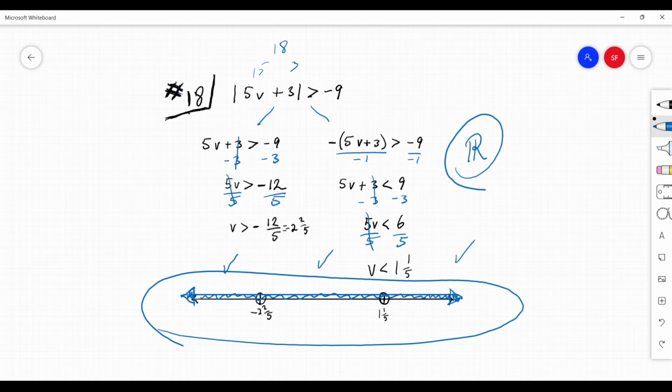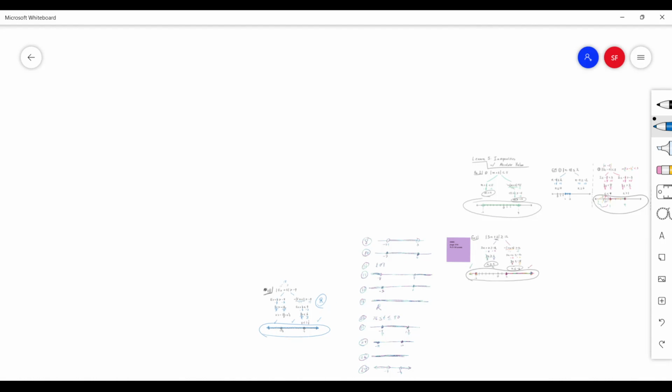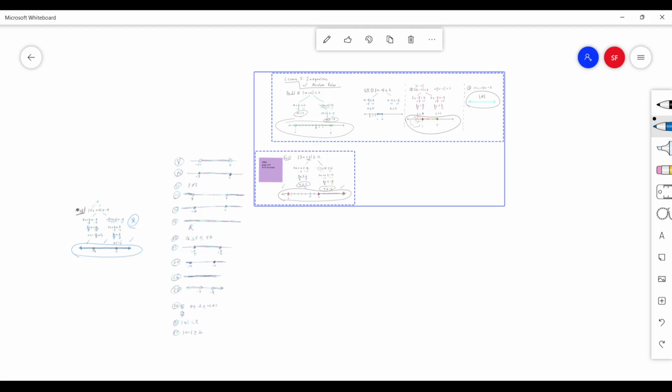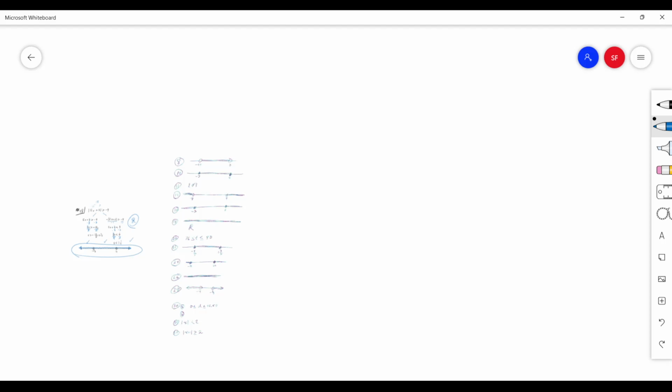Any other questions? Do you have an extra pencil? No. Do I have a pencil you can borrow? Is that what you're asking? Yeah. Maybe. Extra would imply that I have one that I can spare to give to you.